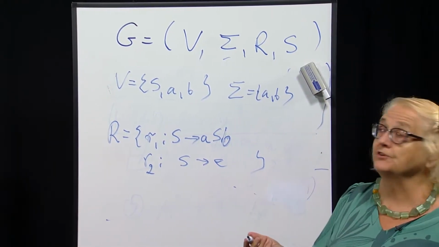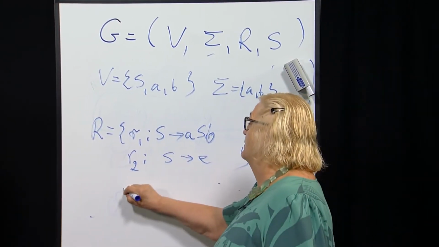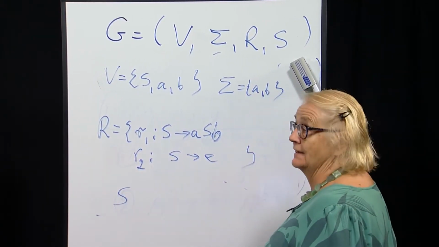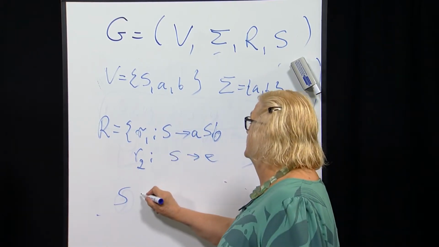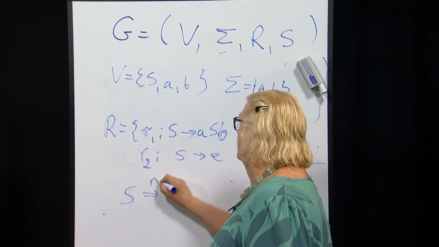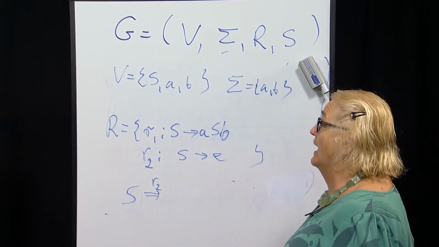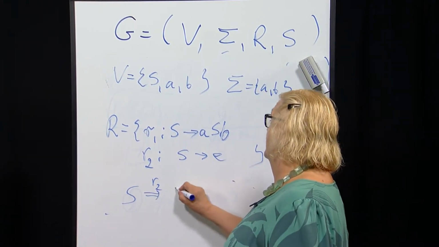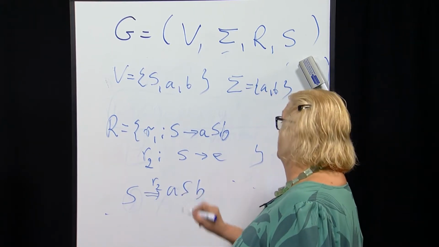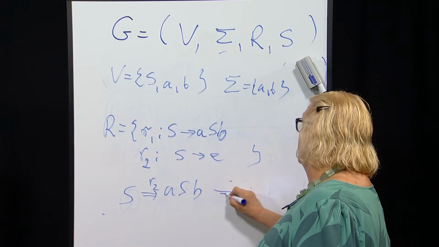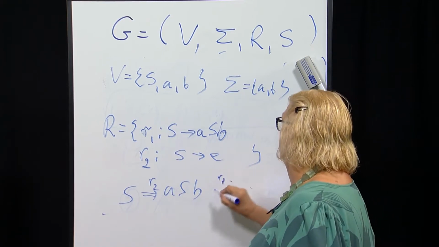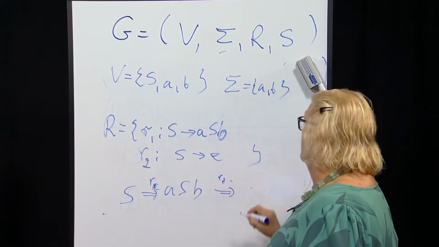So let's look at a certain derivation. For example, I start with S as always, first step, and now I use rule 1, and I write A, S, B. And now I want to use rule 1 again.